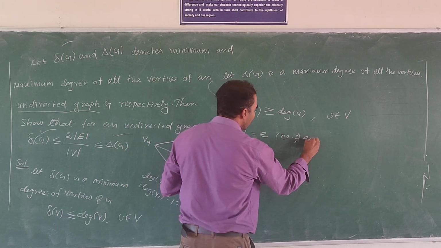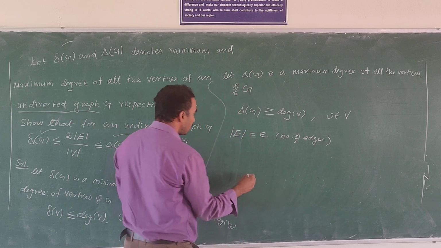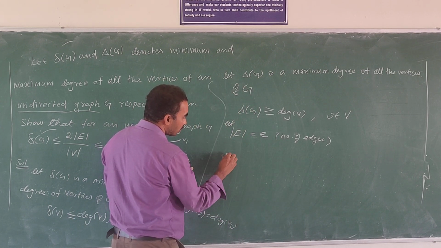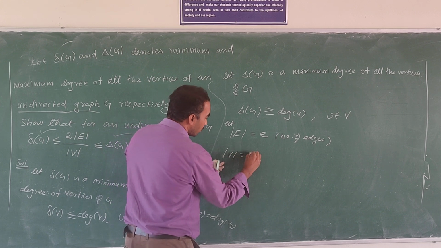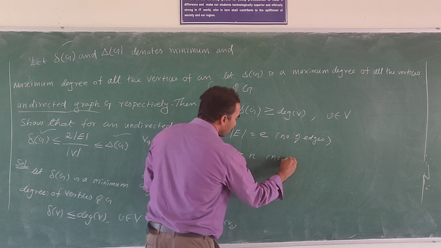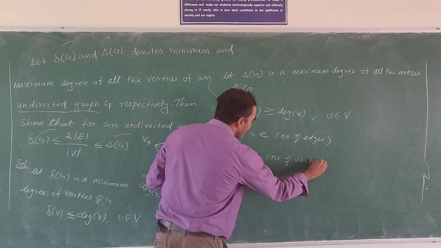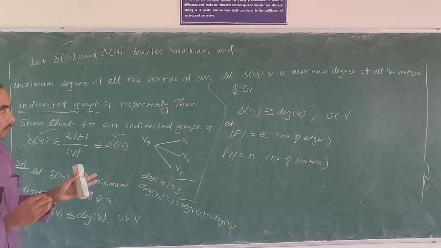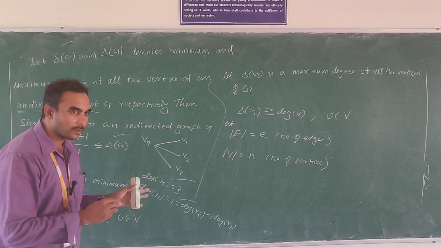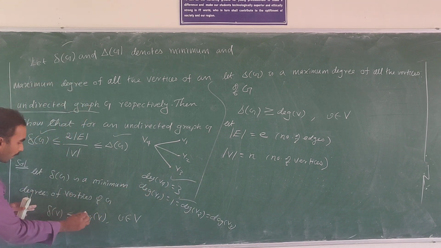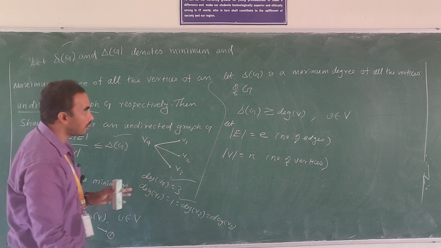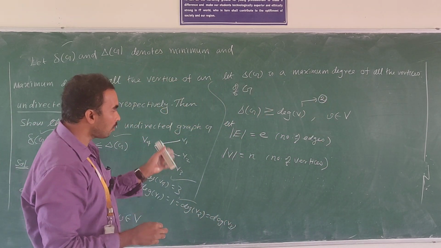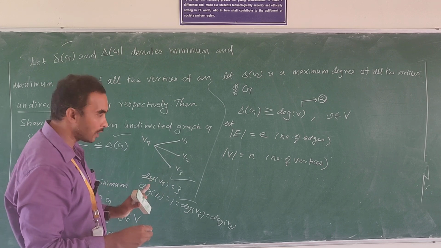Next, let N denote the number of vertices. Here also we are going to use the handshaking theorem. Take this as 1 and 2. Let it be like this.